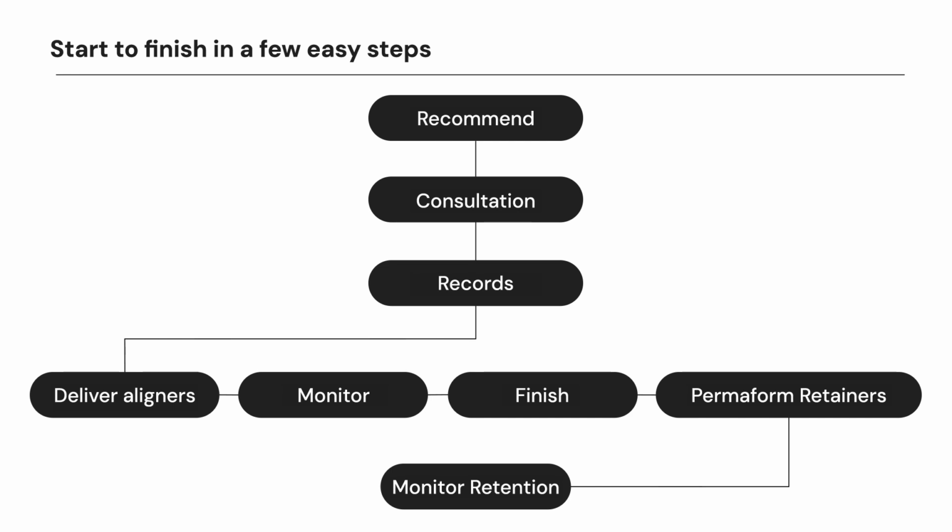And then also at the same time, you may take records or you may schedule to have the patient come back. At the records/consultation visit, you're going to want to make sure you cover some basics with the patient about informed consent so that they know about clear aligner therapy, what to expect, what contingencies could occur, how it all is going to fit and work for them. But once you've got records, now you're going to go ahead, you're going to build a treatment plan, and then you're going to deliver aligners.